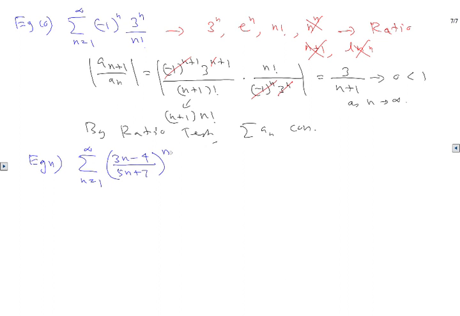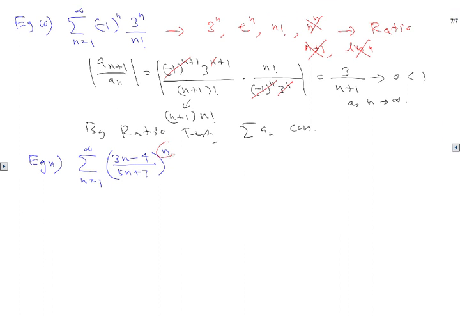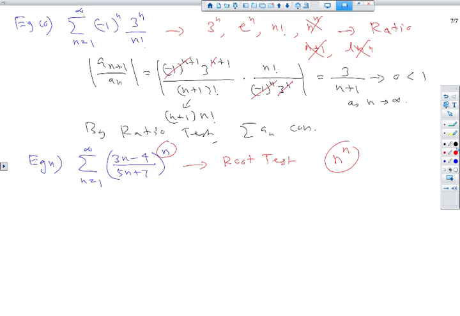One of the important things here is that the n power says to try the root test most of the time, not always. That n tells you to use the root test. Terms like n squared or n to the n, some n powers, we definitely go for the root test.